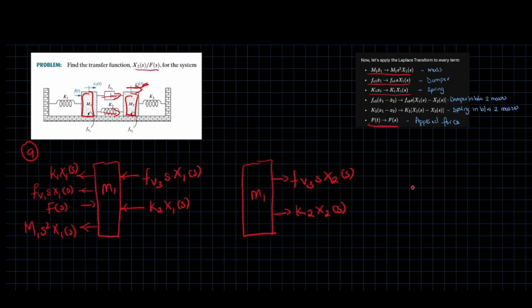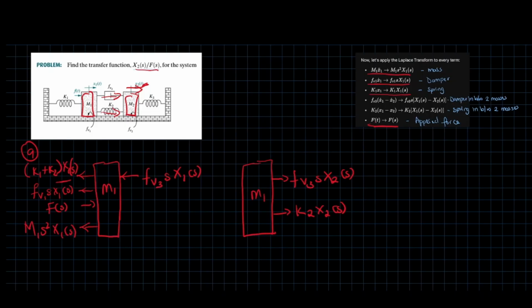And so when you combine everything, you can see that this and this have a common factor and they're going in the same direction. So I can just rewrite this as K1 plus K2 times x1(s).